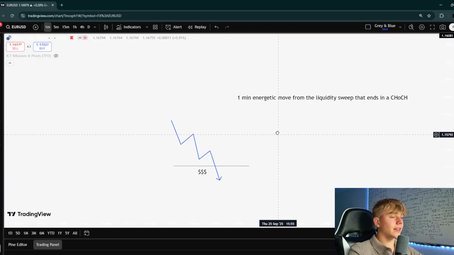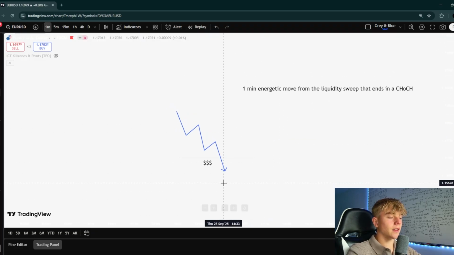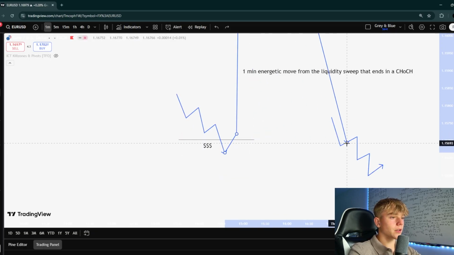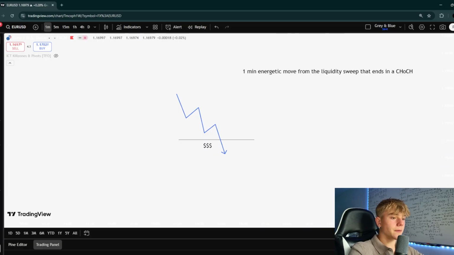Now, an energetic move is very simply a move that doesn't take many candles to get there. So instead of price just completely consolidating like so, and very slowly creeping up with very low momentum, and finally changing character here, we don't really want to be seeing anything like that.